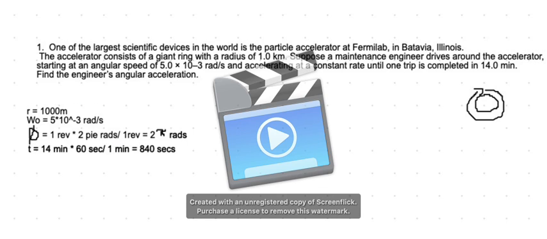Okay, so now we've got 4 variables: our radius, our initial speed, our total displacement, and our amount of time, and we are trying to find acceleration.